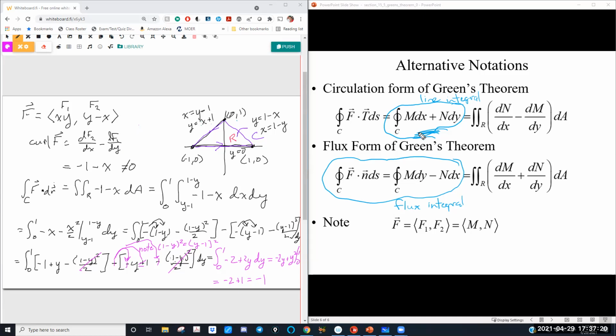I don't expect you to memorize them, but it can be confusing because there's a plus here, but it's actually the curl, which uses a minus. This one, it's a minus, but it's the divergence, which uses a flux. Don't memorize it. Have it on your note card. Have your note card with you when you're going through the homework. You'll have your note card with you when you take the exam, okay?